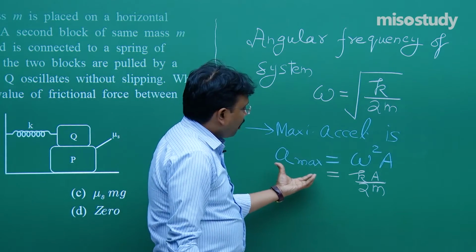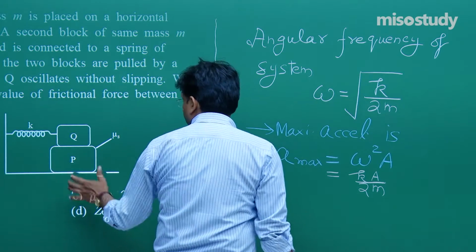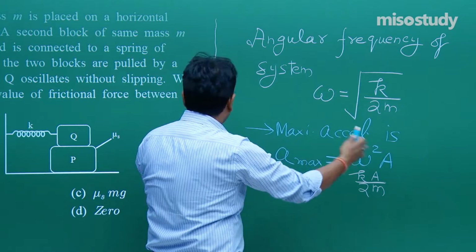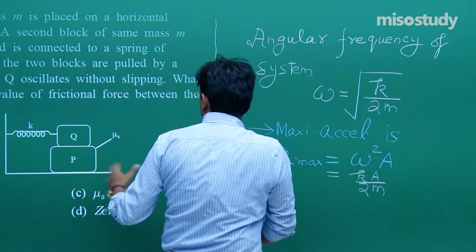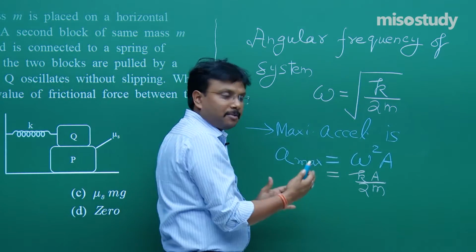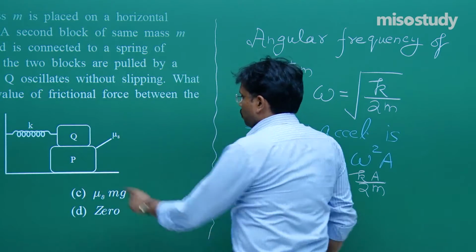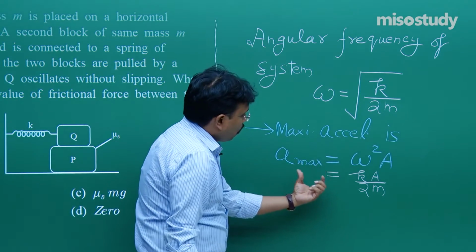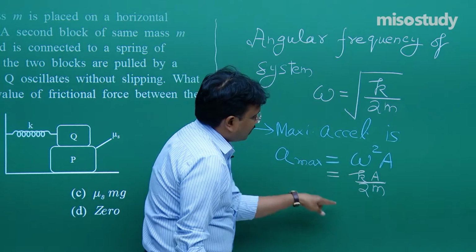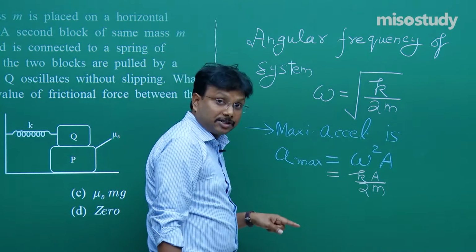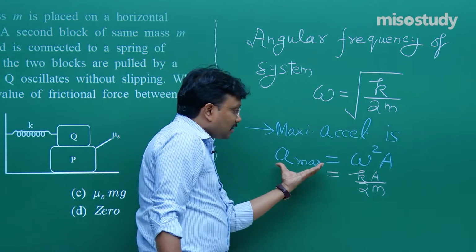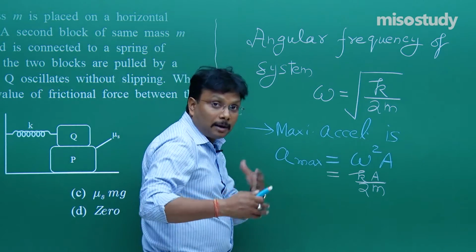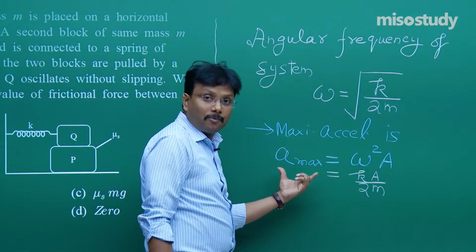Now the lower block, that is P, that's why I am always trying to be near the question, so that at some point of time if it is required I can show you. So imagine the lower block will get this acceleration due to friction. Actually this acceleration, in terms of this frictional force, the lower block will experience.